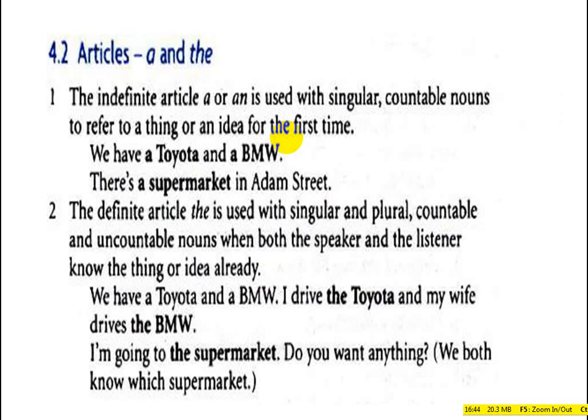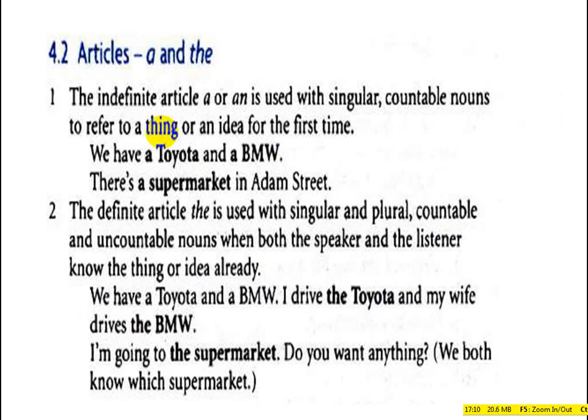For example, we have a Toyota and a BMW. Here we are referring to an idea for the first time that we have a Toyota and a BMW. There is a supermarket in Adam Street. So here we are referring for the first time to this supermarket, which is in Adam Street.